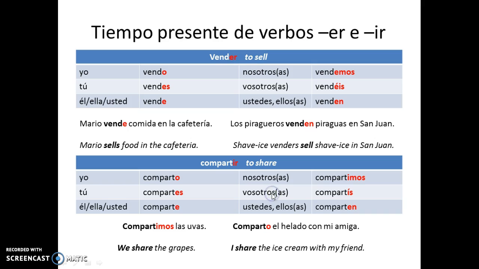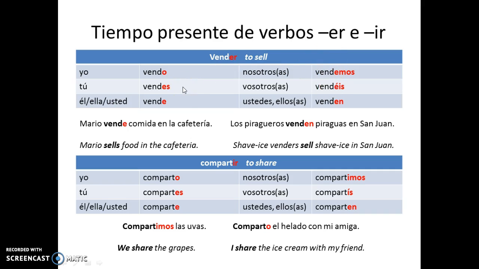This is what it looks like in text. First, let's look at the verb vender. Vender is an ER verb, and the endings for ER verbs are o, es, e, emos, éis, en. You see that the ending here, emos and éis, is an E. It matches the ending of the verb here, ER, E ending.